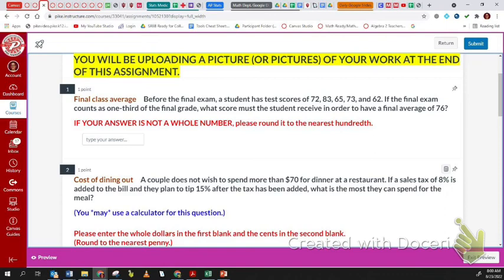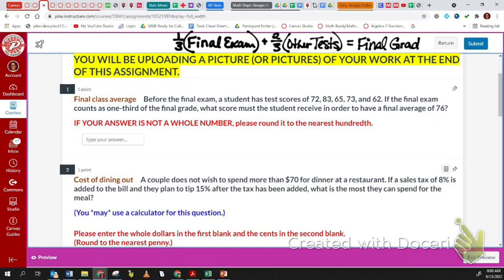From that test average. So we've got 1/3 that is being made up of the final exam, plus 2/3 that is coming from those other tests. And that would give me my final grade.